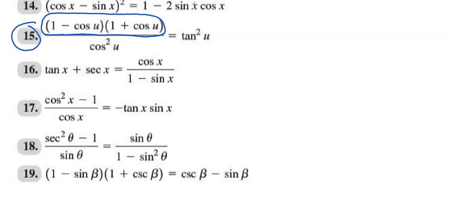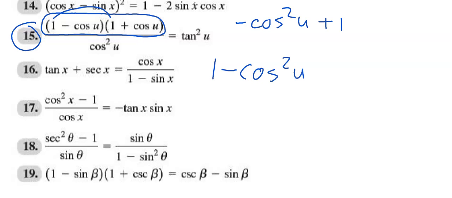Yeah, definitely. Okay, when you foiled that together, what'd you get? Well, so 1 times. Oh, you wanted negative cosine squared? We could do that. That's fine. Negative cosine squared u plus 1. Now, just to warn you, most people wouldn't write it like that, and I'll show you why. Because more people would recognize it like this.